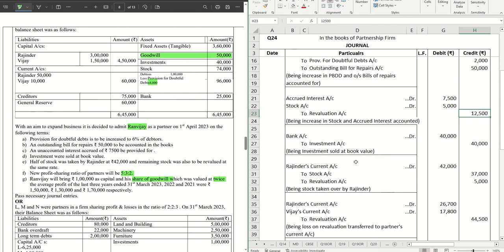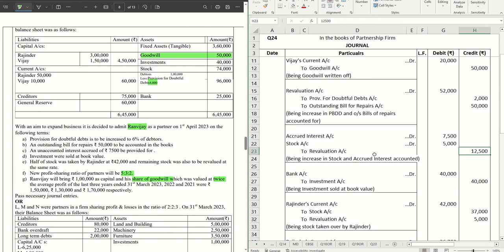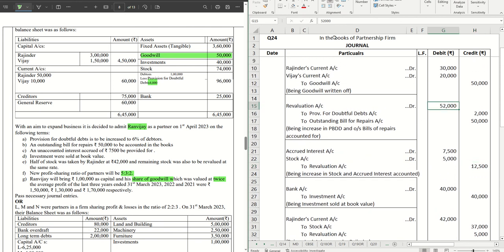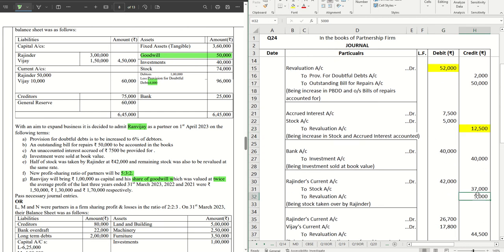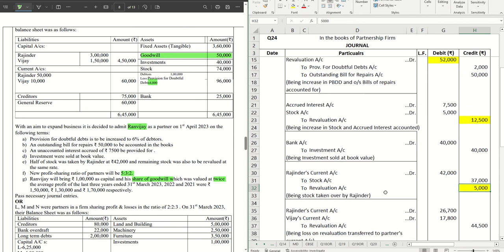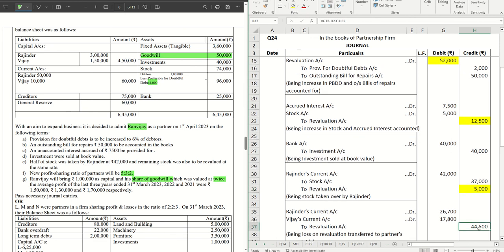Now before moving on, there are no more revaluation adjustments. We need to calculate the profit or loss on revaluation. We have 52,000 debited here in revaluation. Then we have 12,500 credited here and another 5,000 credited here. So all in all, we have a profit or loss of how much?